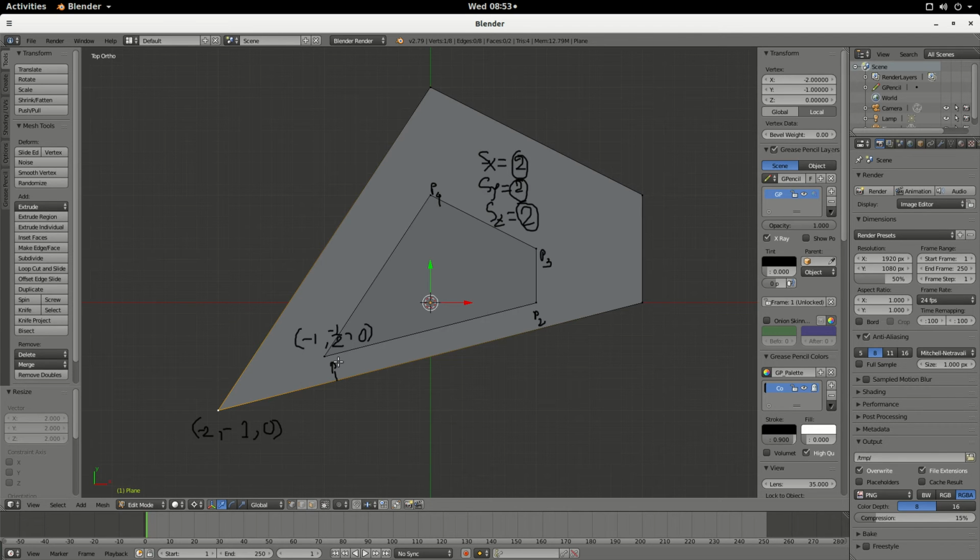Is this thing clear? Okay. And the same thing goes for this point as well. This is 1, 0, 0, and now it becomes 2, 0, 0. This guy over here is 1.5 and 0, so it should be what? 2, 1, and 0. And it just works like that.